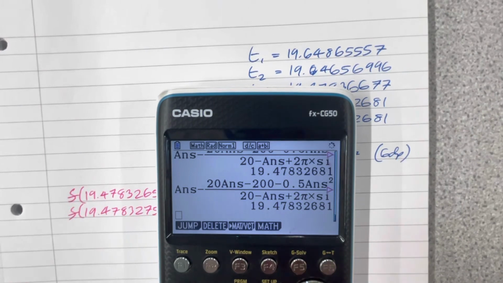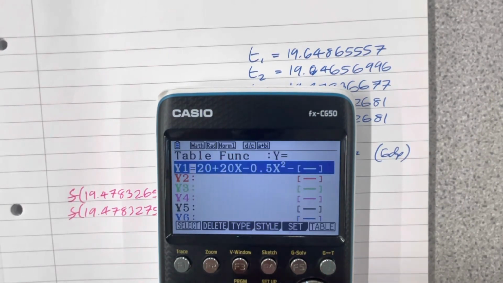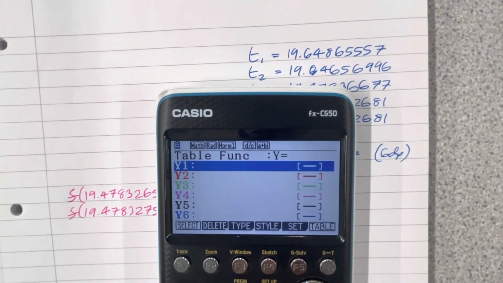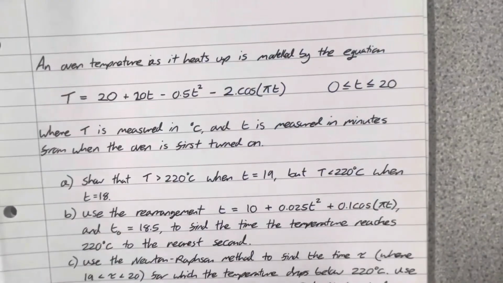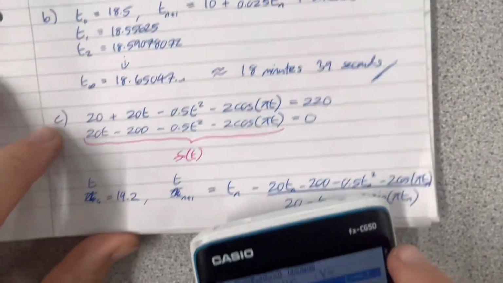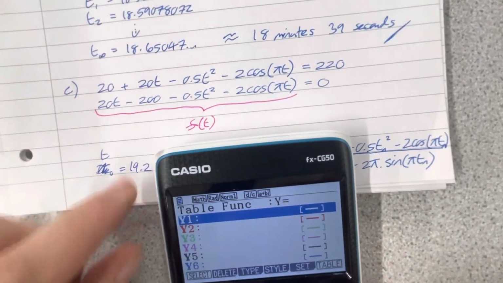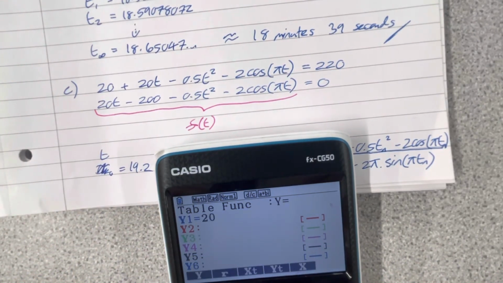And again, table mode lends itself to this. So I'm going to plug in the function f. So the function, here we go, underlined it in pink, was 20x minus 200 minus 0.5x squared minus 2 times the cosine of pi x.